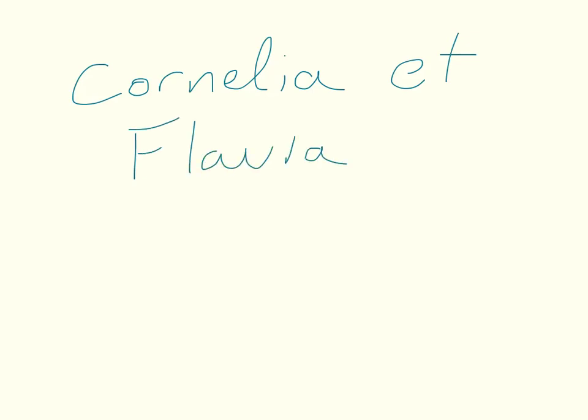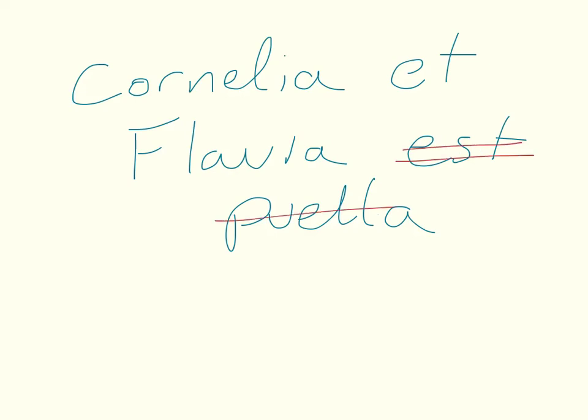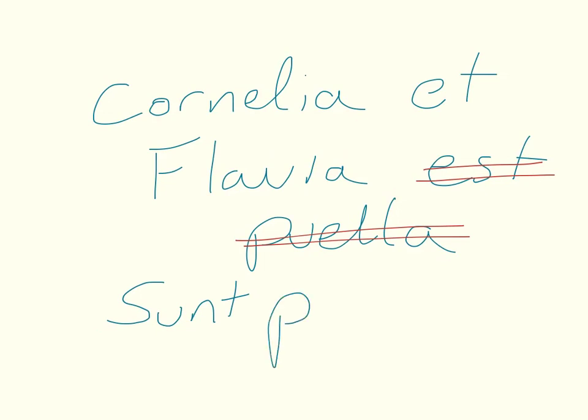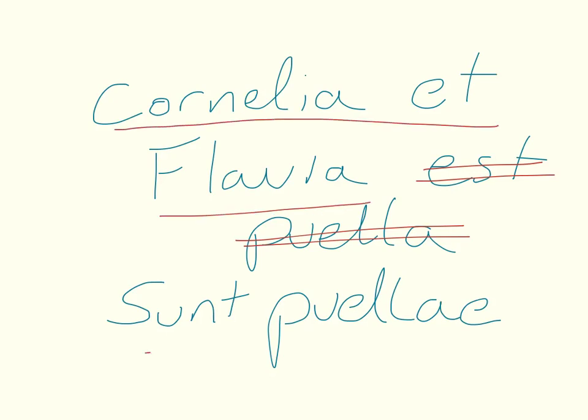They're two individuals, so we can't say est puella, because that'd be like saying in English, Cornelia and Flavia is a girl, which is incorrect. So we'll need to pluralize our verb, Cornelia et Flavia sunt, they are. And then we can't just say puella, we need to say puellae. So there we have Cornelia et Flavia sunt puellae.